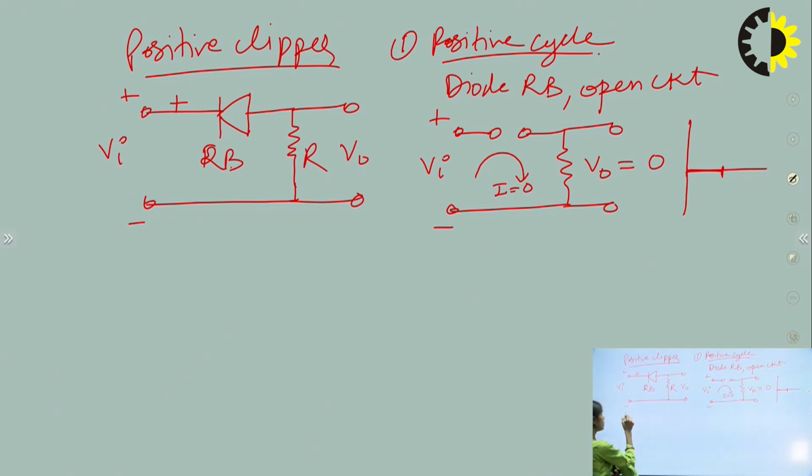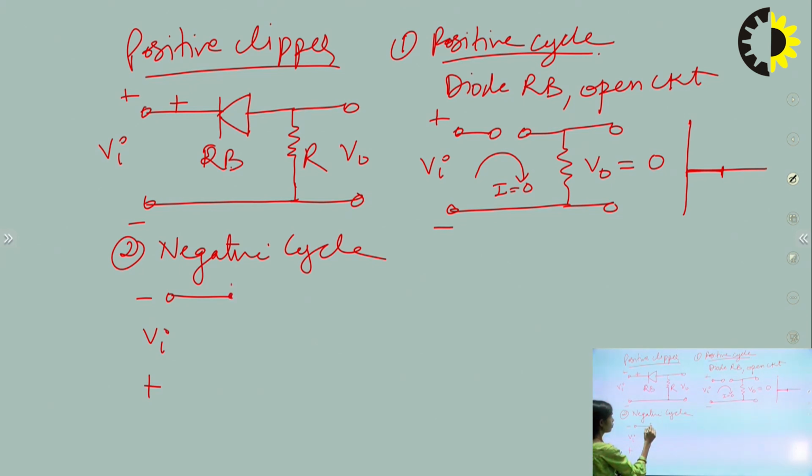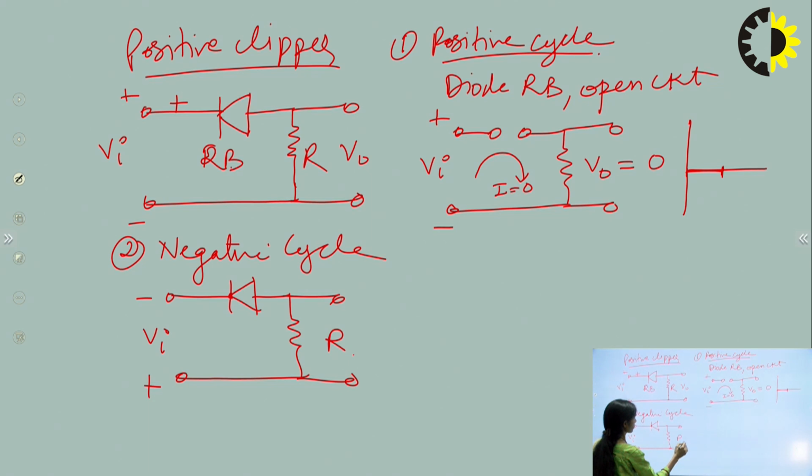Now for the negative cycle, we can see the diode will be forward biased because negative is connected to the negative end of the diode. So the diode is forward biased and acting as a short circuit.